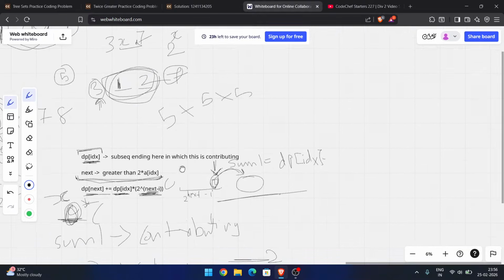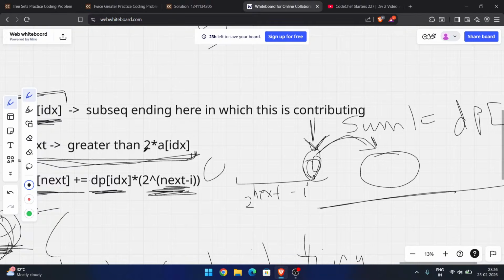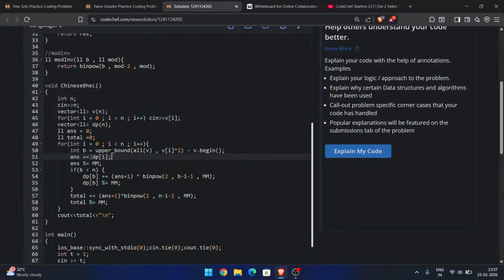I am finding this greater than 2 to the power current number. I am adding all the indexes which end here and this number is contributing towards it. I am adding that to our total count. Actually, this answer is the count of total subsequences formed till here, and this total is our actual answer.